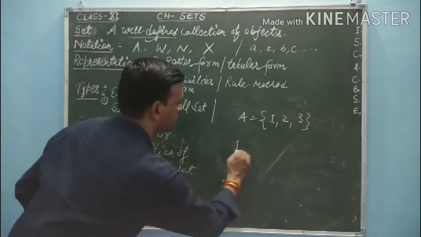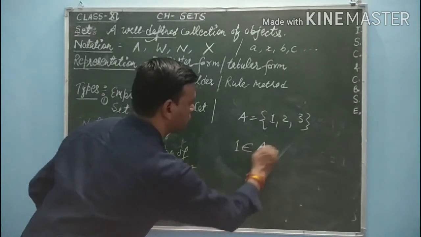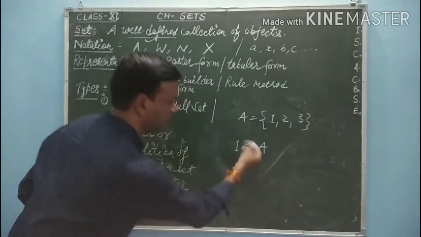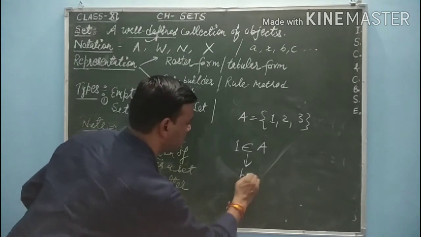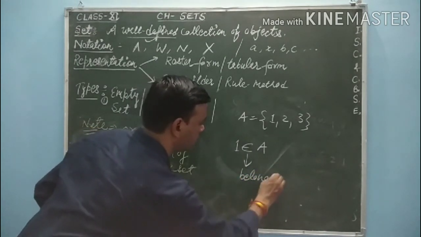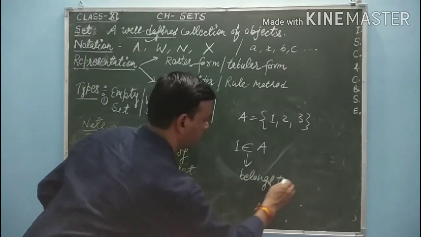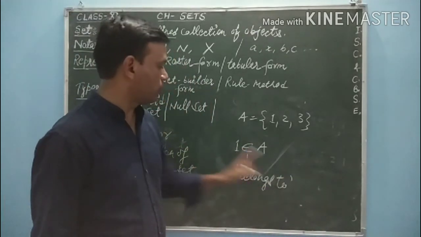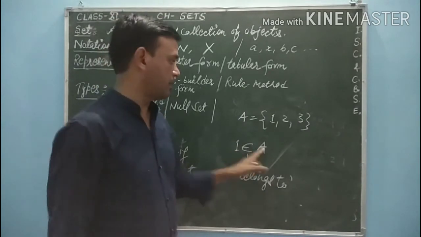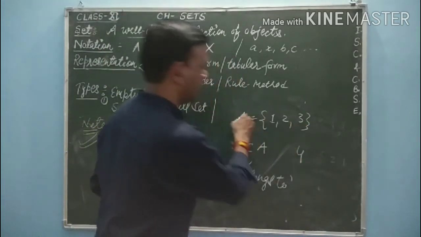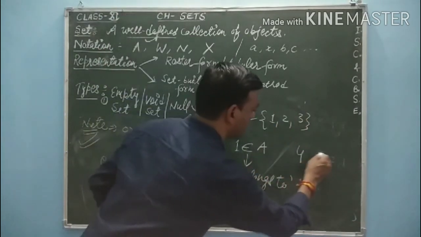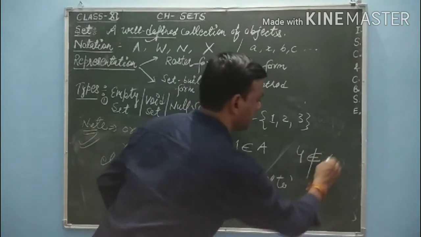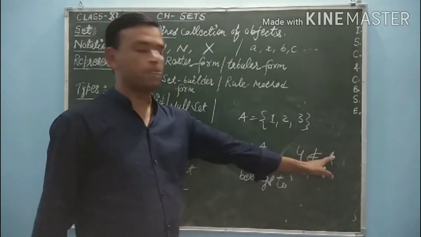I can simply put a symbol here: 1 belongs to A. This is a mathematical symbol, epsilon, which means belongs to. It means 1 is an element of set A. Suppose 4 is not an element of set A. So I can write a cut mark on the symbol, meaning 4 does not belong to A.